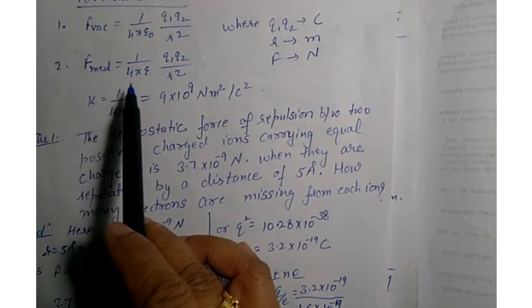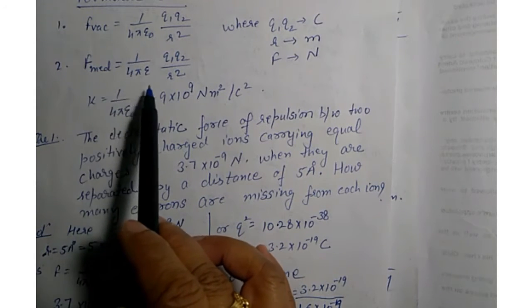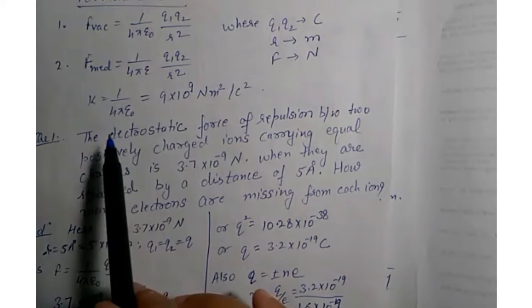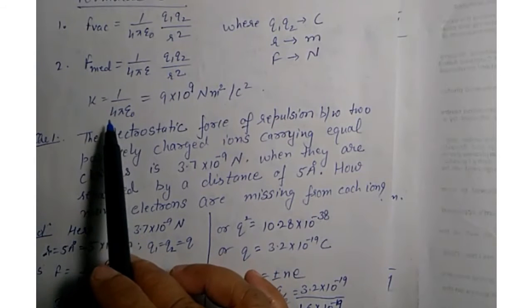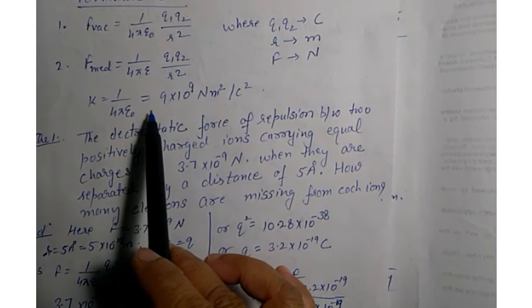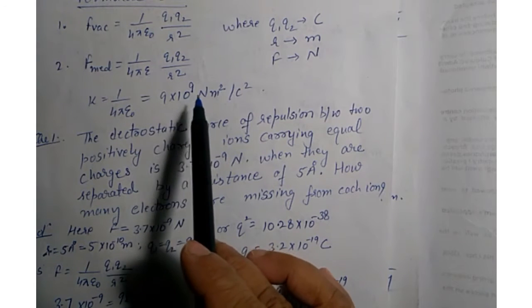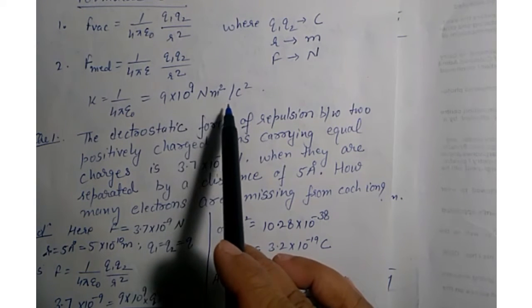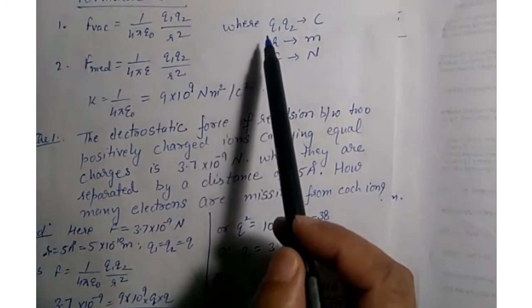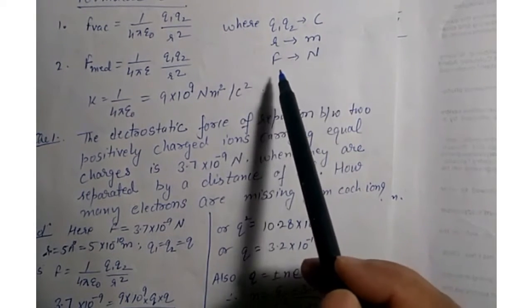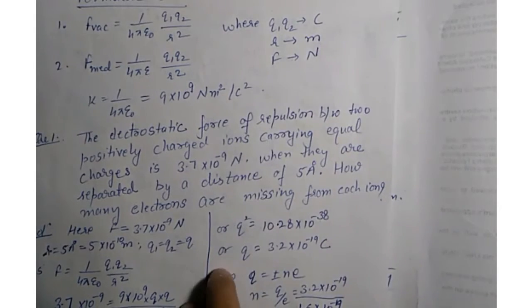Force in medium is equal to 1 upon 4 pi epsilon q1 q2 upon r square, where k is equal to 1 upon 4 pi epsilon naught, which is equal to 9 into 10 raised to power 9 Newton meter square per Coulomb square, and the charges are in Coulomb, distance is in meter, and force is in Newton.